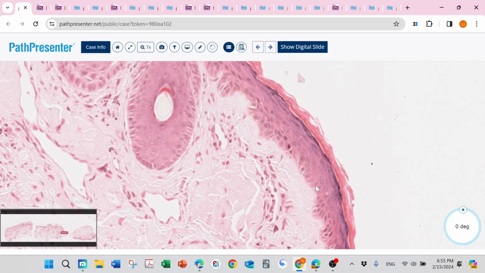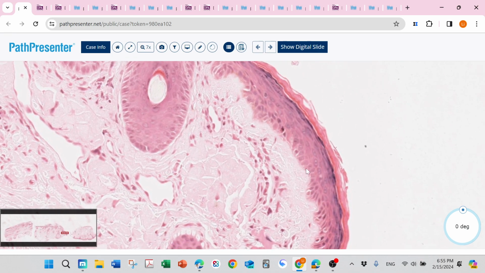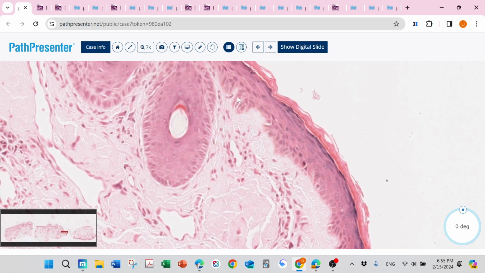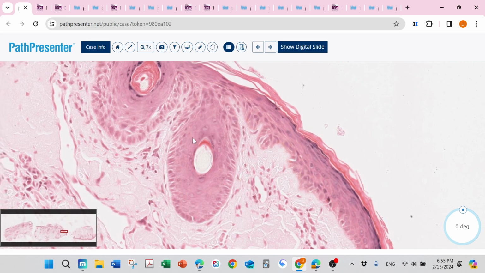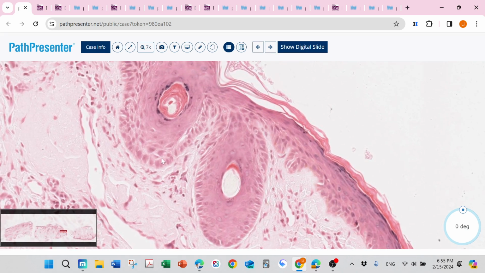See, they are really well organized, do not have loss of polarity. They do not get really big. So this is relatively normal. Then when you come down here, we can see the cells get bigger. Here is one of the signs, just like an eyeliner.